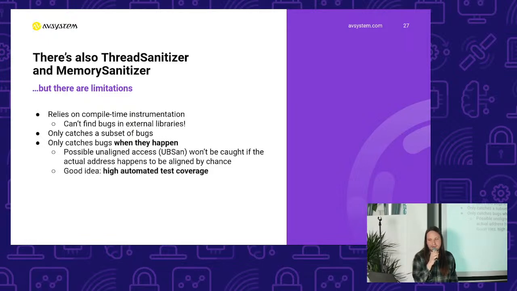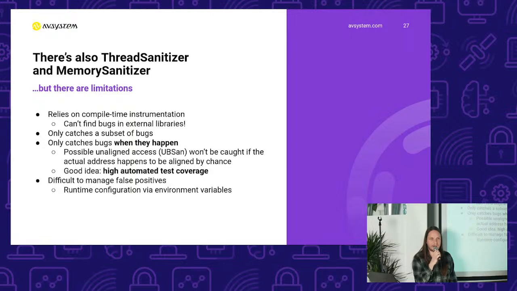This is what I was talking about. So one way to minimize the risk of you forgetting about some bugs is, of course, have a lot of tests and high coverage of your code with automated tests. And of course, you can always have false positives, and with Google Sanitizer, this is a little bit hard to manage because you can only configure those using environment variables, which is rather tedious.